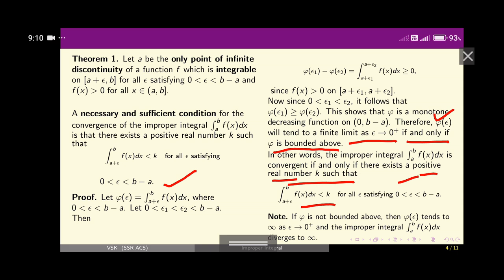In this way, we have proved the necessary and sufficient condition for convergence of this improper integral. Note that if phi is not bounded above, then phi(epsilon) tends to infinity as epsilon tends to 0 plus, and the improper integral is divergent in this case.